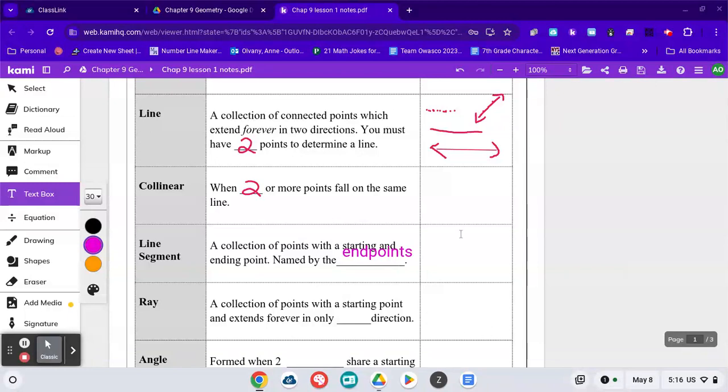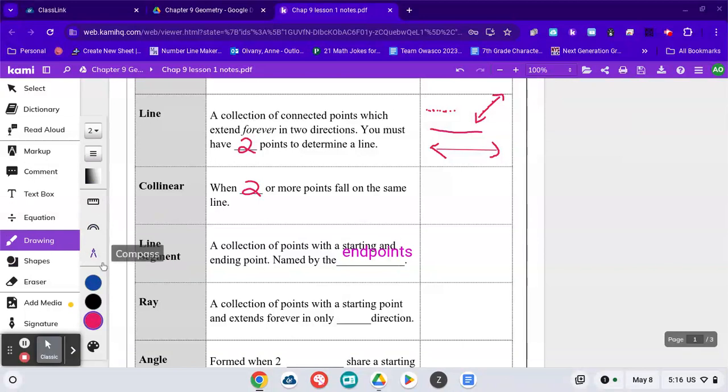Okay, so basically you're taking this line that extends endlessly in both directions and just taking a small piece of it, some section of it. It looks like this. But instead of having arrows on the end of it, I actually have endpoints. There's the point that ends that one, and the point that ends that one.